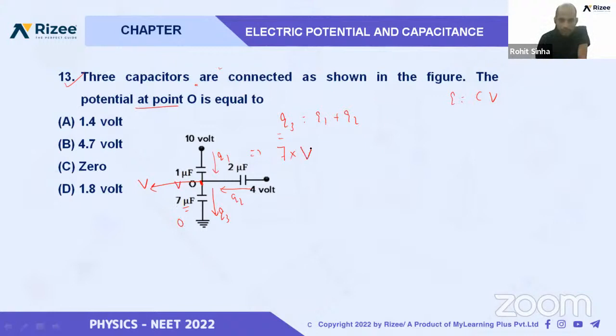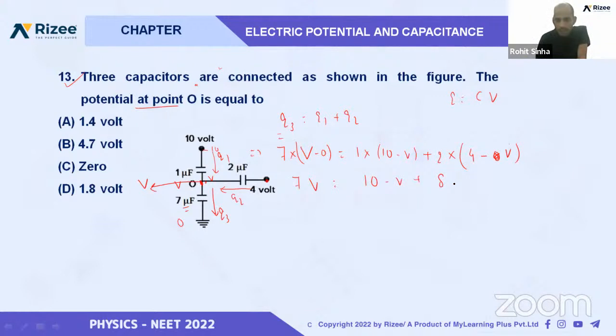For Q1, we write like this: C is 1, and the potential difference is 10 minus V. Plus, from here, 2 into CV, where the potential difference is 4 minus V. So what will it be? 7V. You solve this, all of you.